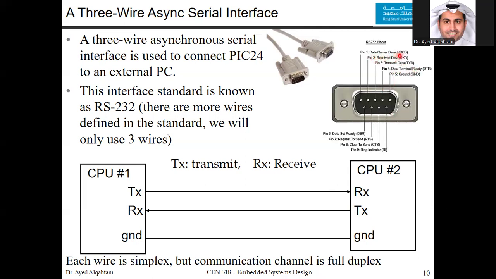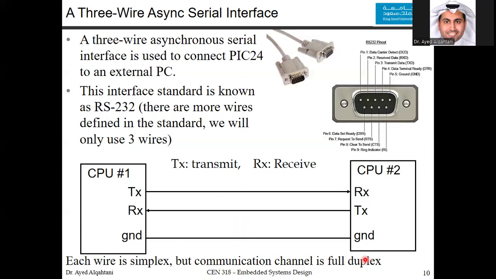You can see from their names that they are used for status and making sure that the communication is happening without errors, like certain acknowledgement, and we will see some of them in action when we talk about the UART. So from this discussion, each wire is simplex, but the communication altogether could be full duplex.